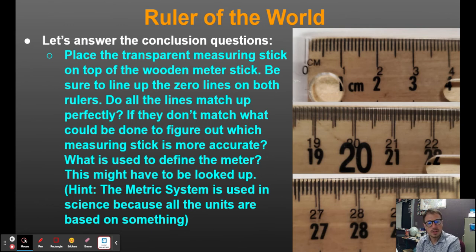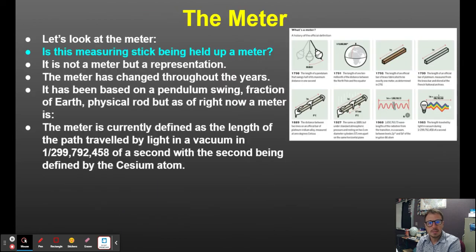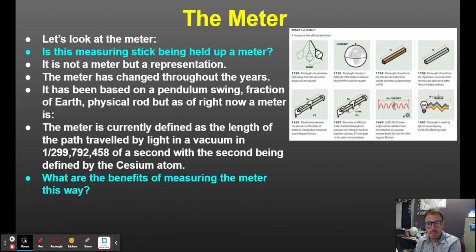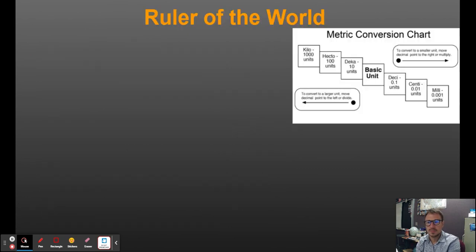Well, remember, everything in the metric system is based on something universal. So if we look at that measuring system, remember, right now, a meter is defined to be how far light travels in a vacuum in that long, where the second is defined with the cesium atom. So there is a way to figure out which one of those measuring sticks is more accurate.